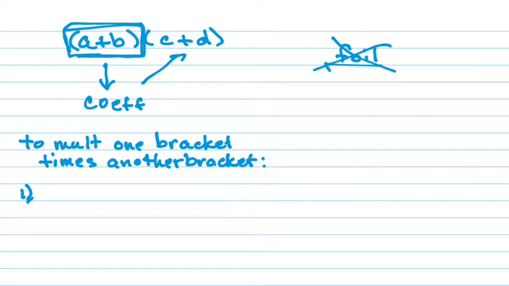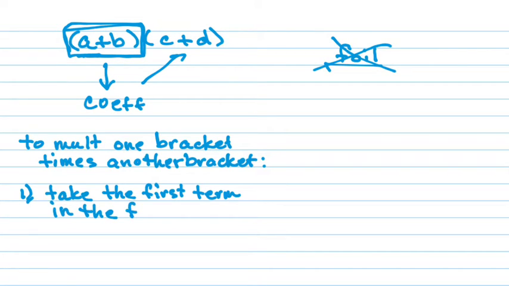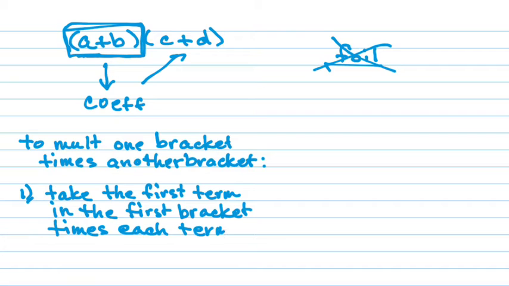All right, so what we're going to do is talk about the actual process of multiplying it out, okay? First, you'll take the first term in the first bracket times each term in the second bracket.